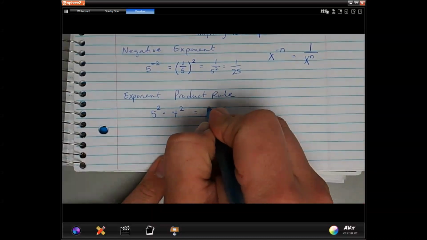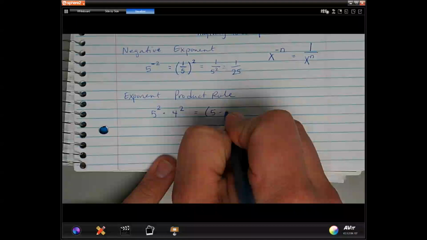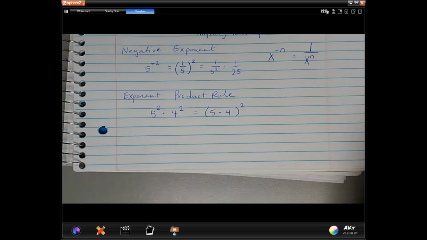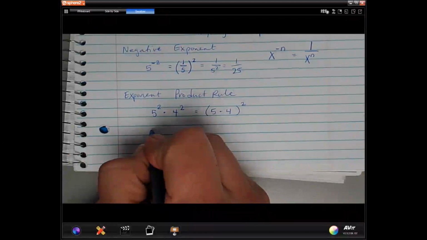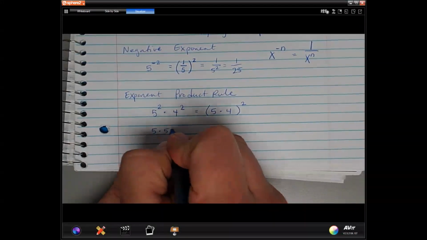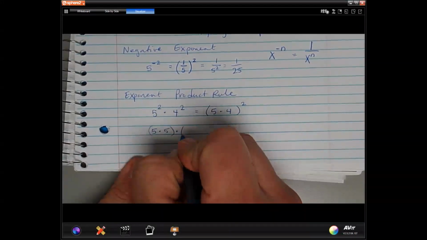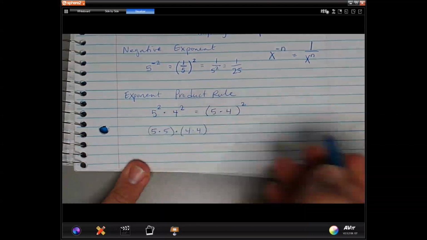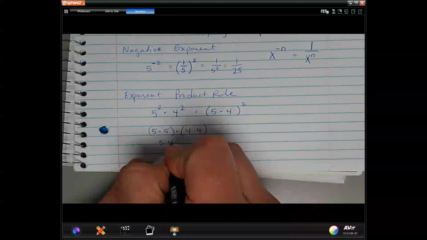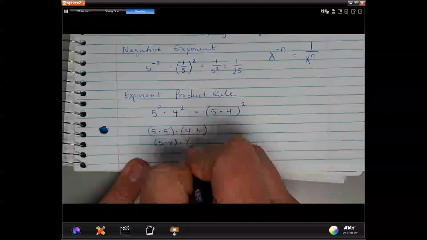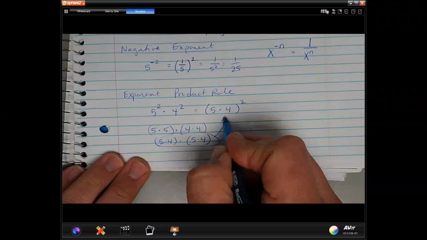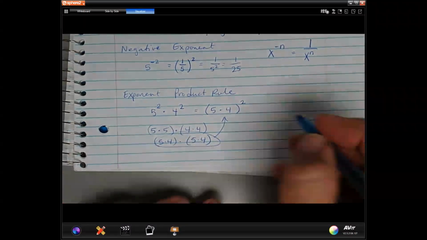Say I have two numbers, 5 and 4, which are being multiplied together and both being raised to the same power. It might be helpful to recognize this is 5 times 5 times 4 times 4, and we can regroup these to simply say 5 times 4 times 5 times 4. And we see here the two groupings that are represented there.